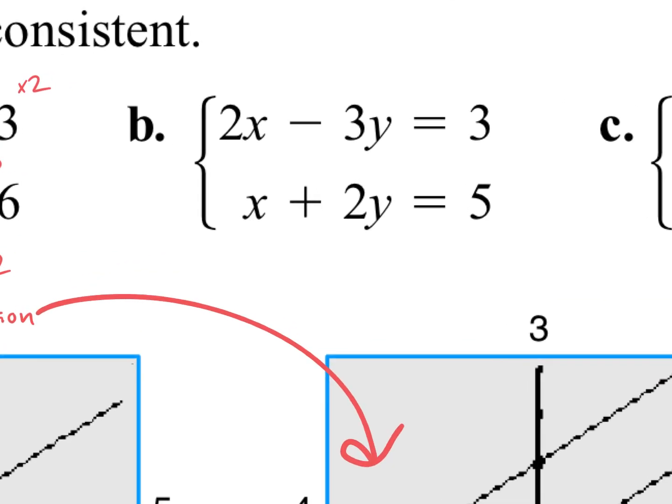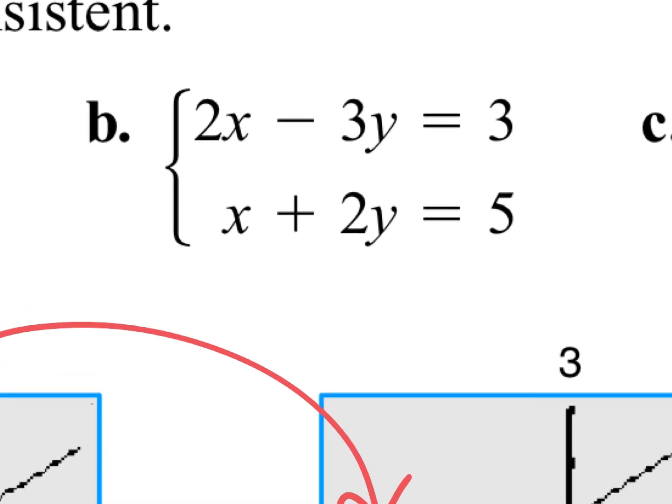All right, and B, do I have a variable that'll cancel out right away? No, so what do I have to multiply and by which equation? I'm going to multiply the second one by negative 2. So this becomes negative 2x minus 4y is equal to negative 10.